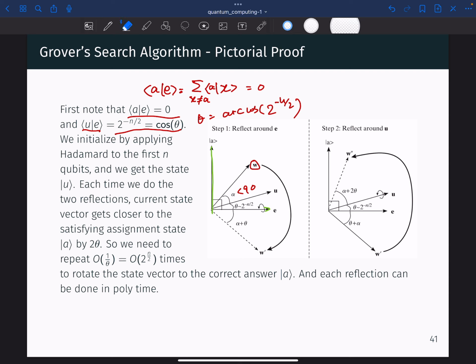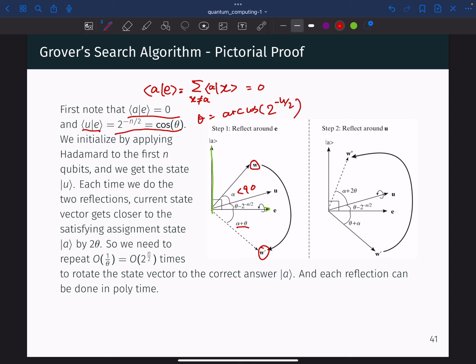So when you first do this reflection around E, you'll get this double prime, which is on this side, and its angle with E is alpha plus theta.